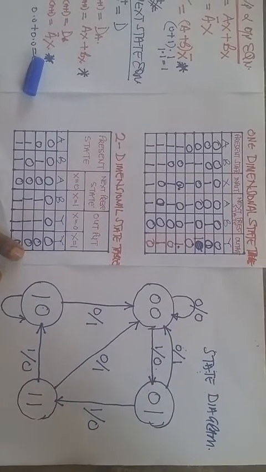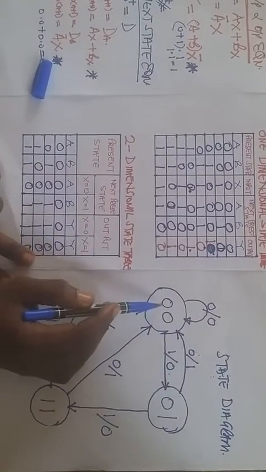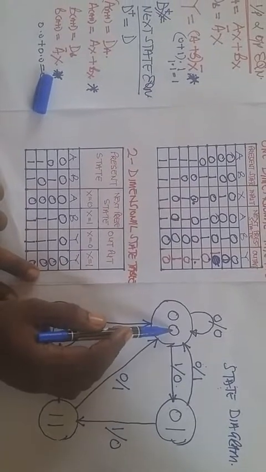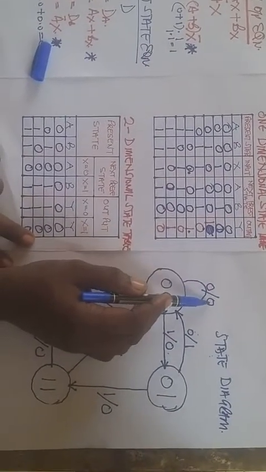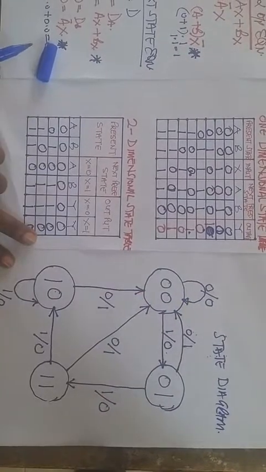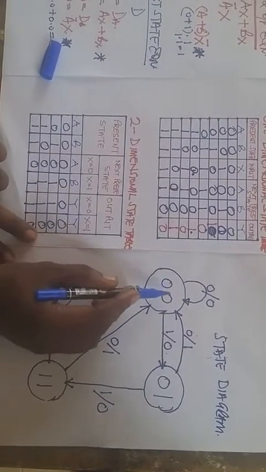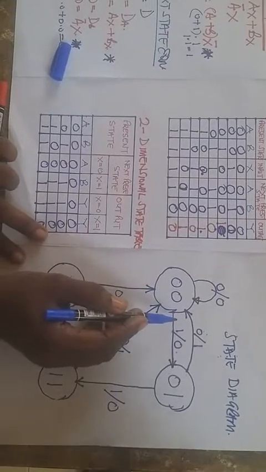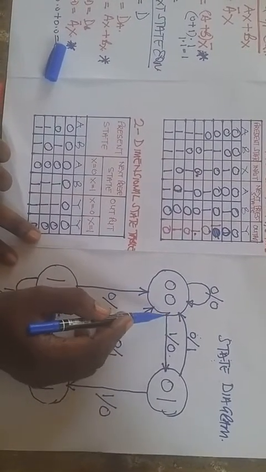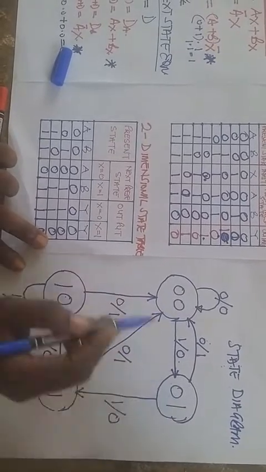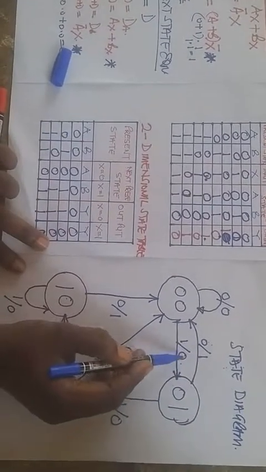When it's in the present state 00 and we feed an input 0, it gives an output 0 and there is no change. In the same present state 00, when we feed an input 1, it transitions from 00 to 01, and it gives an output 0.